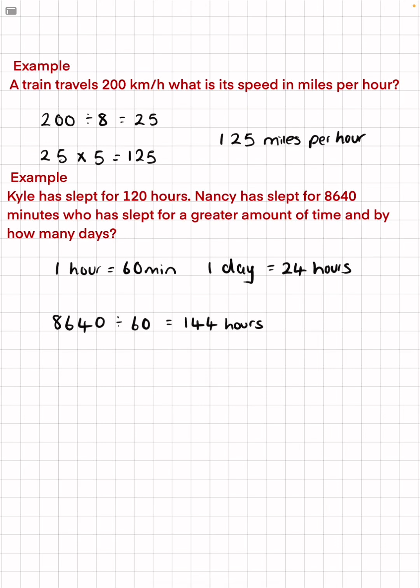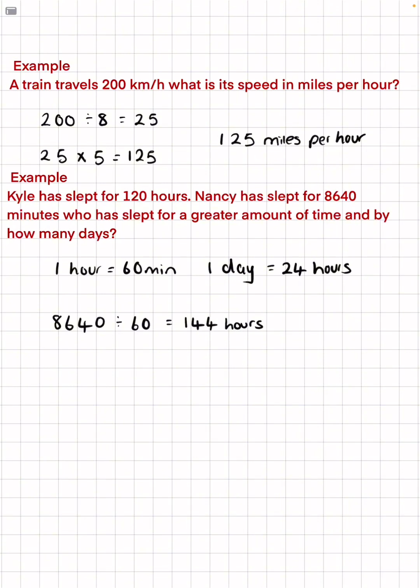Now that both measurements are in the same units, we can compare the numbers. So Kyle slept for 120 hours and Nancy slept for 144 hours. So Nancy slept longer. The question is also asking by how many days.